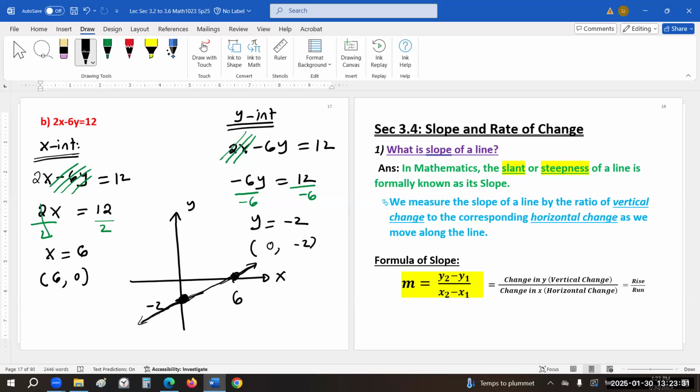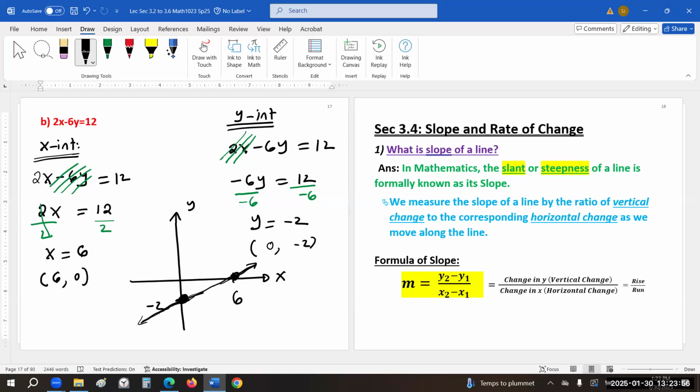Okay, the next concept. With this, we've done 3.3. So 3.3 only talks about x and y intercept. That means now you can do all the homework questions that they have on MyMathLab. So start doing your MyMathLab homework. They will say different format, but the rules are the same.